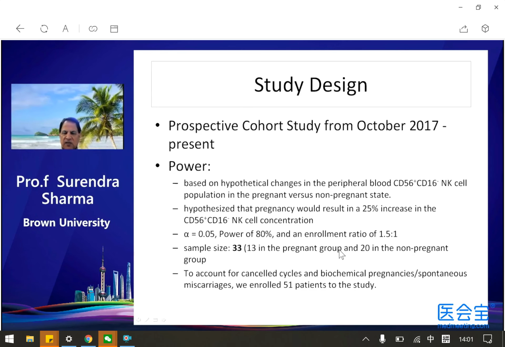With power of 80% and an enrollment ratio of 1 to 1.5, the sample size was 33 according to these power calculations, 13 in the pregnant group and 20 in the non-pregnant group. To account for cancelled cycles and biochemical pregnancies, we enrolled 51 patients to the study.